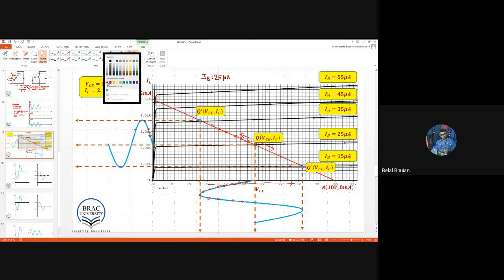Our load line is intersecting many IV characteristics. There is one IV characteristic here which is for 25 microampere. You can imagine there should be another IV characteristic for 26 microampere, another for 27, and it goes on like this. You can imagine there are millions of IV characteristics.